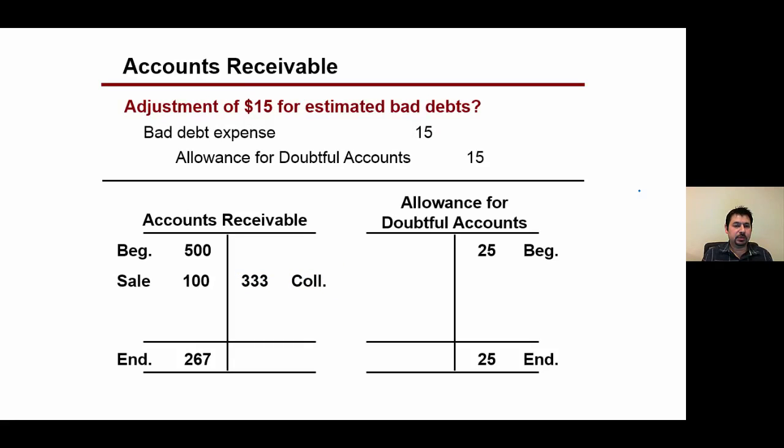Let's say that the company estimates bad debts to be $15. So they debit bad debt expense $15 and they credit allowance for doubtful accounts $15, and it will be entered on the credit side of allowance for doubtful accounts.